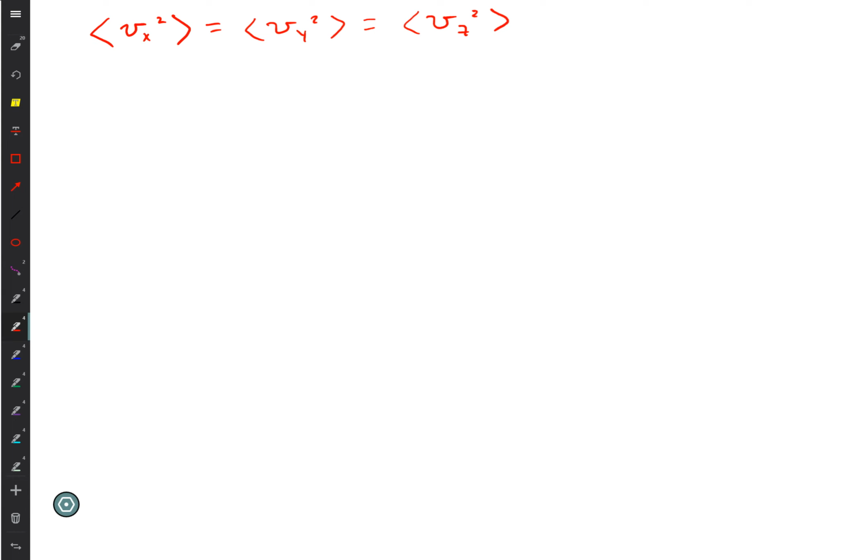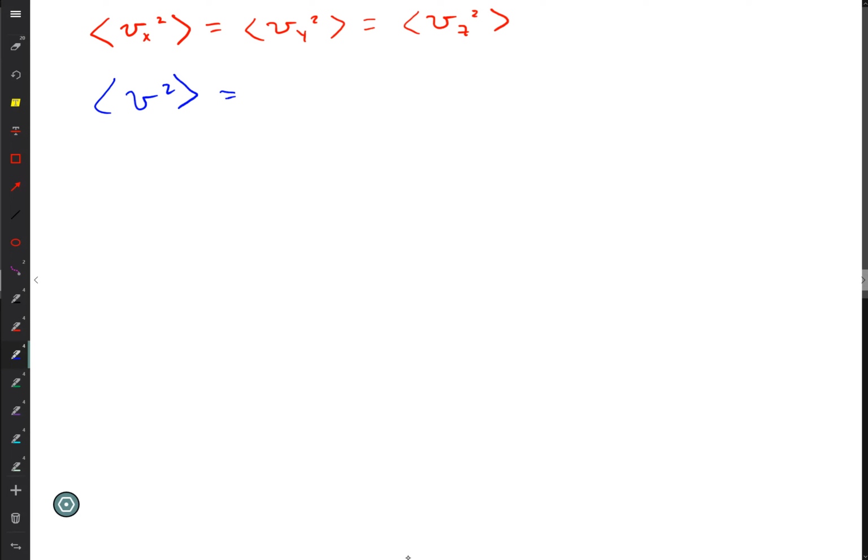You can see we're starting to use some ideas of statistics here, finding the average. But it's also true that the total velocity squared average is equal to the velocity in the x direction squared average plus the velocity in the y direction squared average plus the velocity in the z direction squared average. Right? That's basically the Pythagorean theorem.